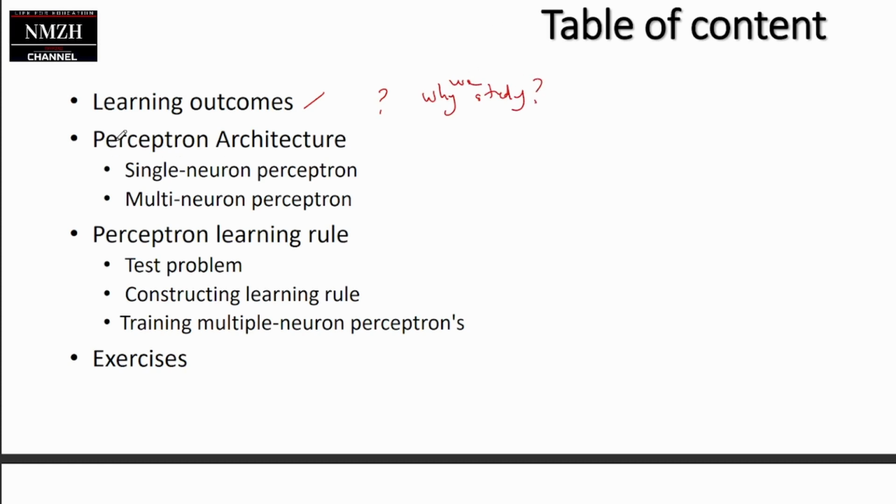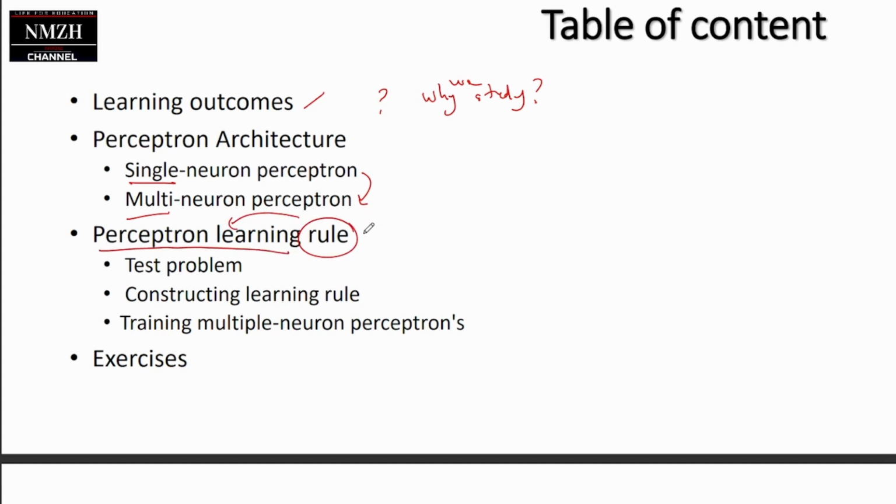And then we will talk about the Perceptron architecture, jumping to the single and multiple perceptron at the same time. And we will discuss the rules related to the perceptron itself in order to learn.